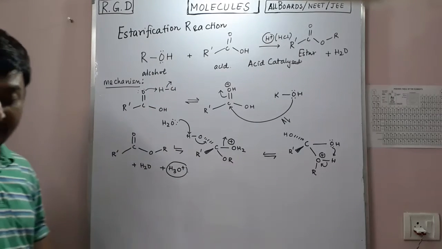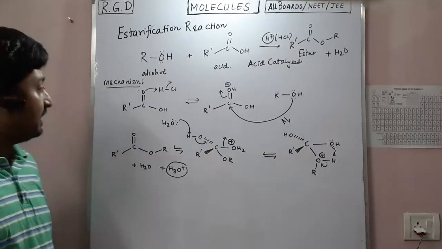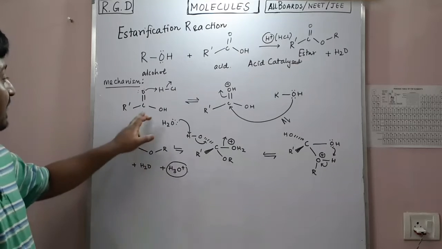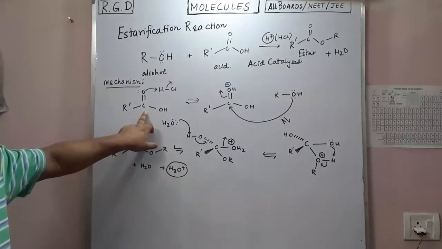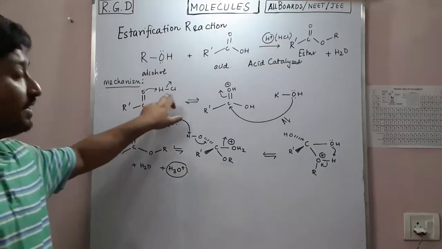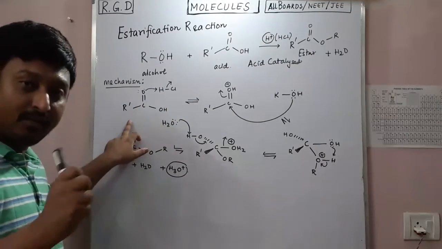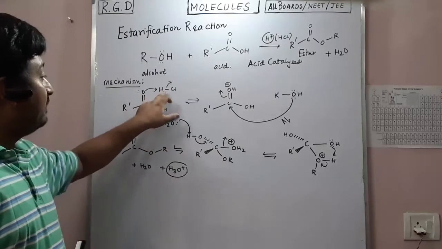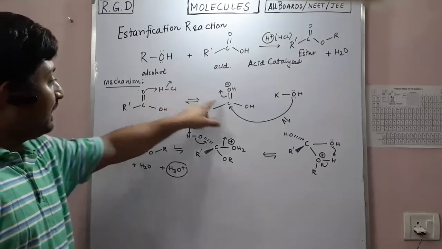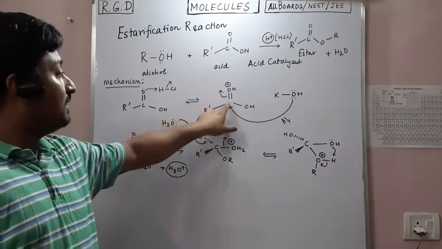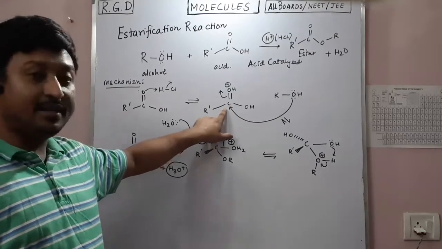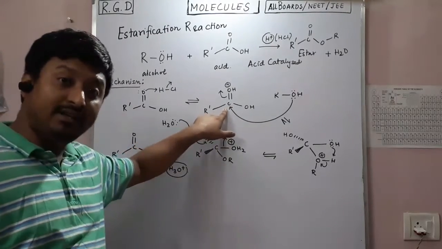Once again, let me repeat what is happening here. The carboxylic acid is a weaker acid compared to HCl, so it will abstract the proton and form this OH plus. Now this carbon center has become a very good electrophilic site.